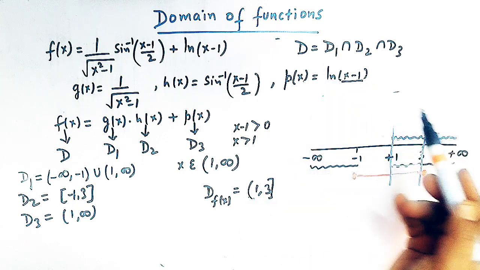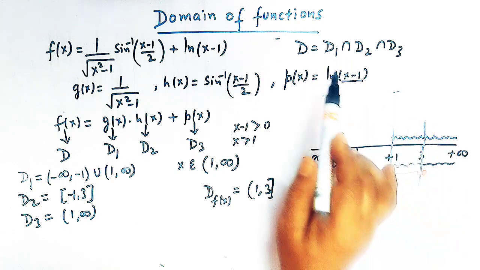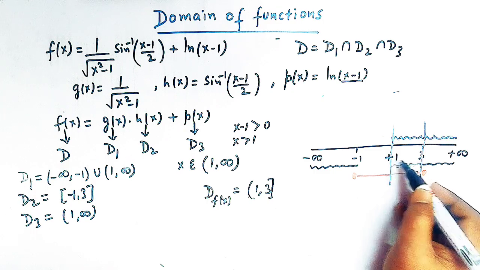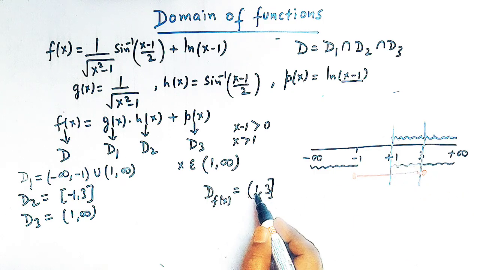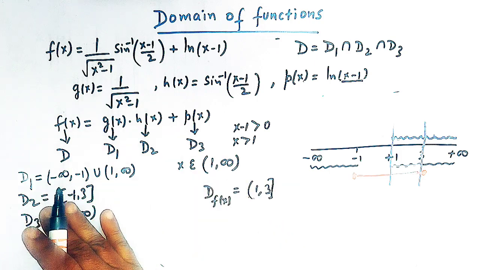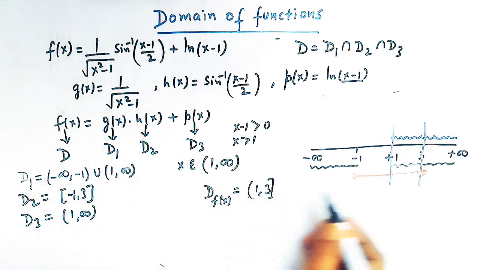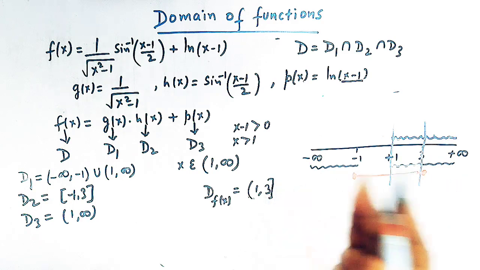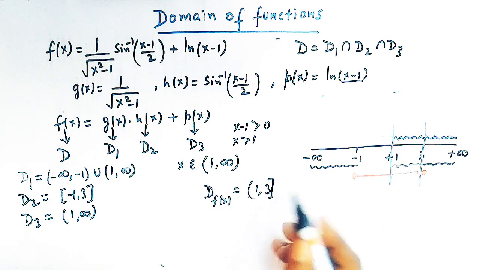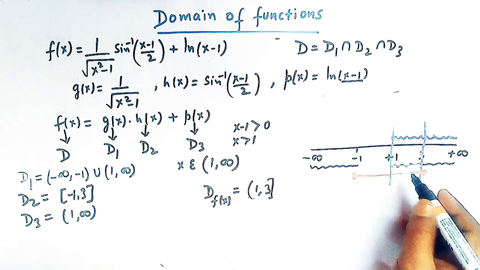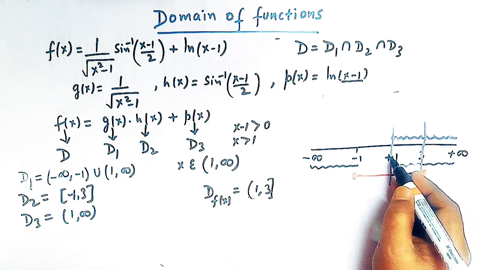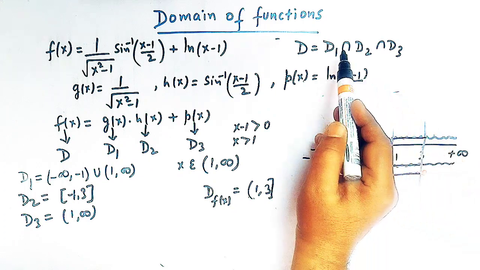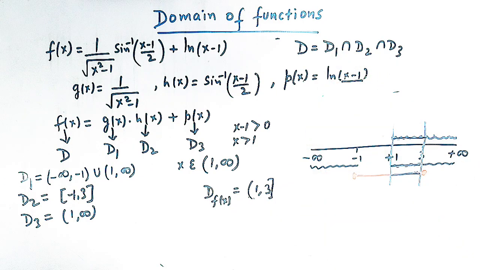The common region identified from the domains d1, d2, d3 is from 1 to 3, and this interval is open from the left, that is x equal to 1 is not included, and closed from the right, that is x equal to 3 is included. This region, plus 1 to 3, is common to the domains d1, d2 and d3.